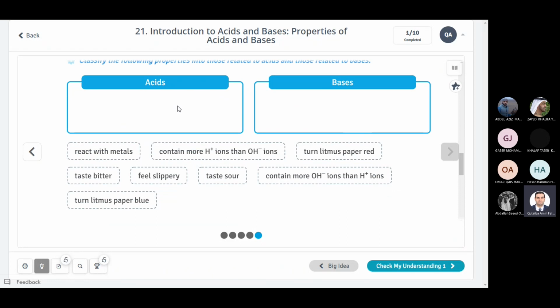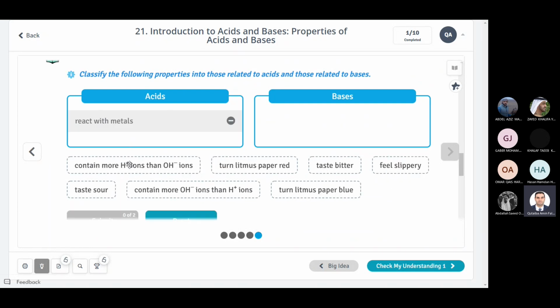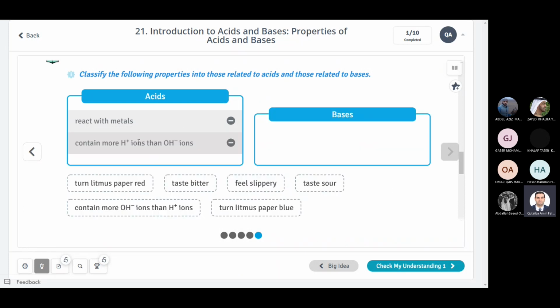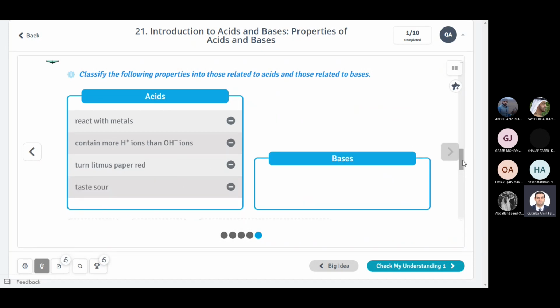If we want to practice, okay, classify these properties for acids and bases. Acids react with metals. Acids have more H positive. Acids turn the litmus paper red. Acids taste sour. All the others will be for base.